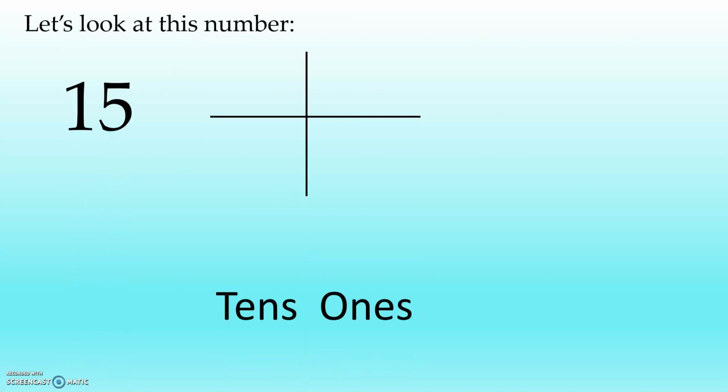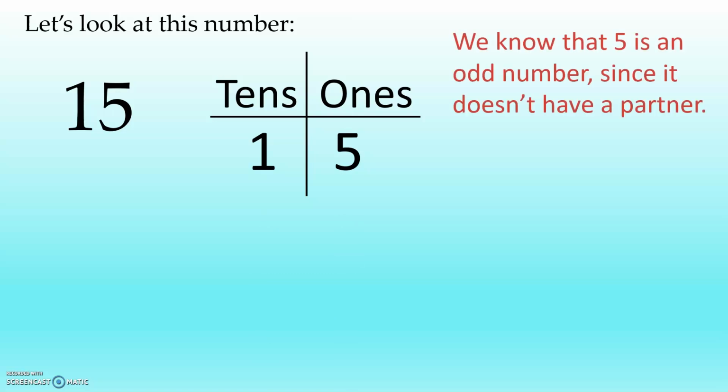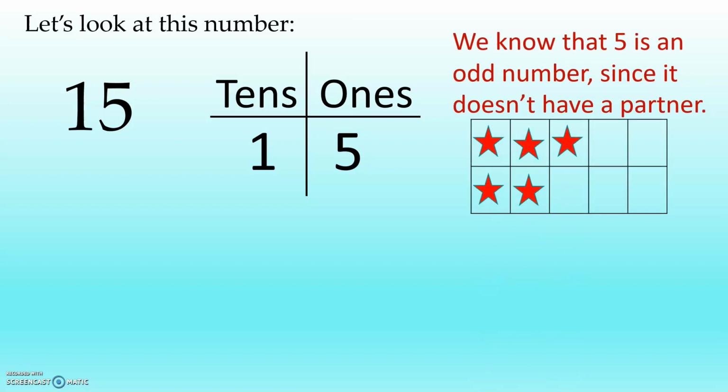Well, we're going to go back and remember our place value. So let's look at 15. And we'll make a little place value chart with 10s and 1s. Now if I put in 15, I have 1 10 and 5 1s. So we know 5 is an odd number because it doesn't have a partner. Remember that chart.